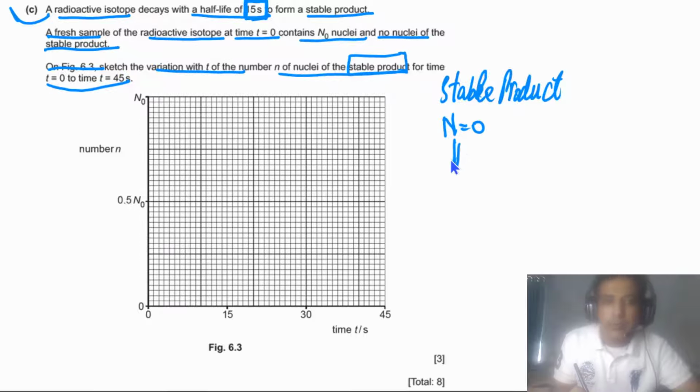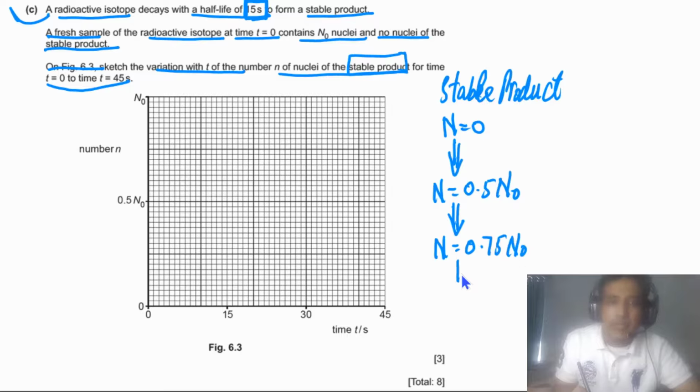After one half-life, n will increase to 0.5 n naught, after another half-life it will be 0.75 n naught, and after another half-life it will be 0.875 n naught.